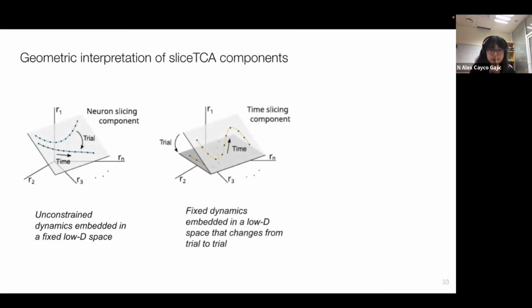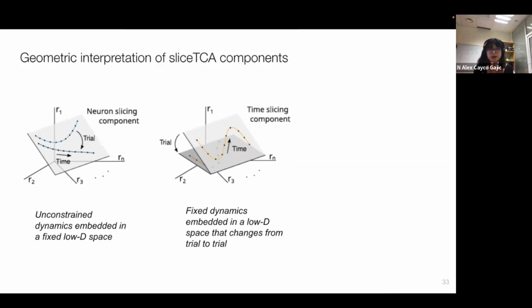The time slicing component, because you have characteristic temporal profiles, has the same temporal shape, but that shape is embedded in a subspace that can now change from trial to trial. So here I'm showing a rotation of the low dimensional subspace, but the dynamics within the subspace have the same characteristic shape.